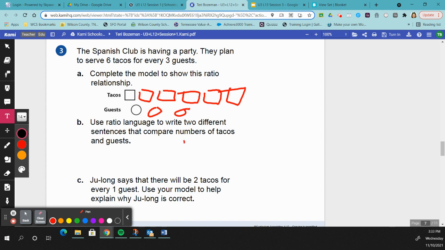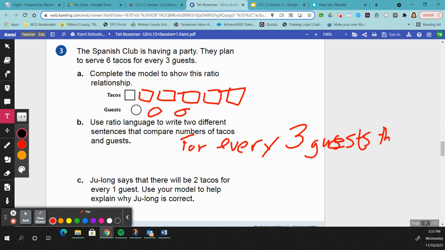So I could say for every 3 guests, there are 6 tacos.